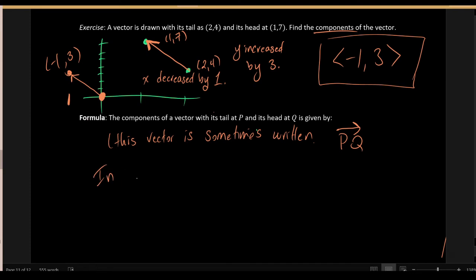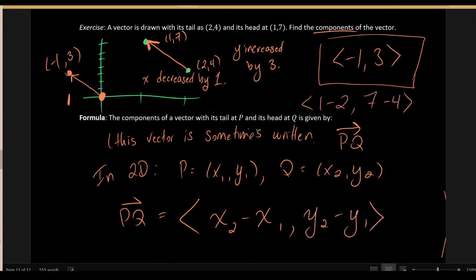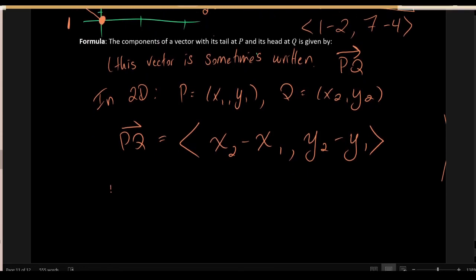If these points happen to be two-dimensional, then the vector from P to Q can be found by taking the final x position, taking away the initial x position, taking the final y, and subtracting the initial y. Now notice here that order really does matter.